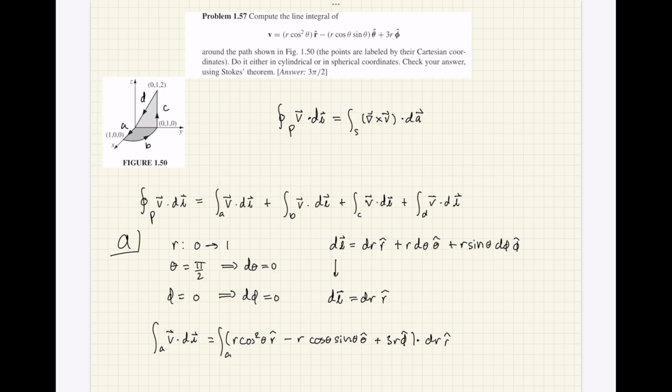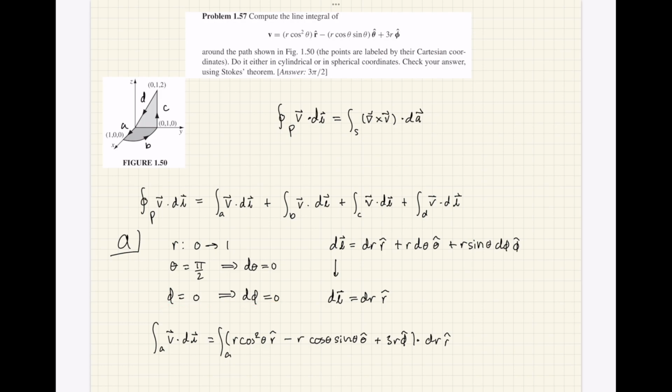We can split the closed path integral into its separate paths. In this case, it's A, B, C, and D. Starting with A, I stuck to spherical coordinates. For path A, our r goes out from 0 to 1, our theta is constant at pi halves, and our phi stays on the x-axis, so phi equals 0 and d phi is equal to 0.